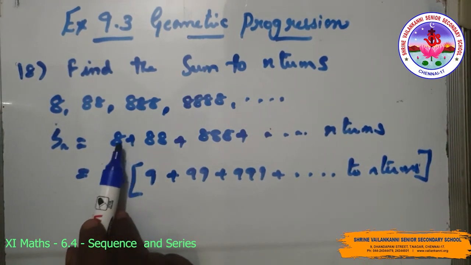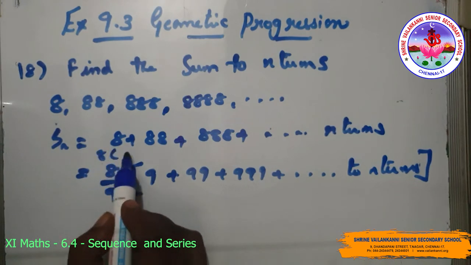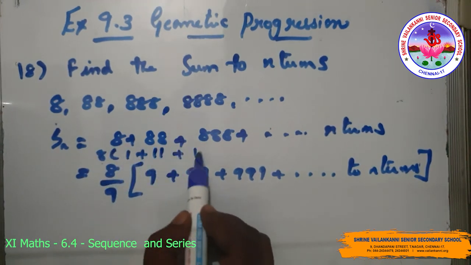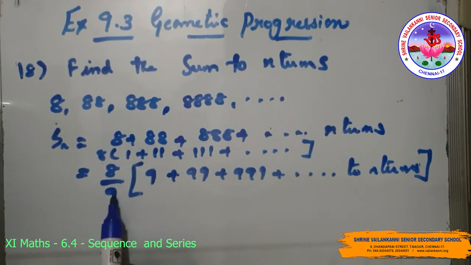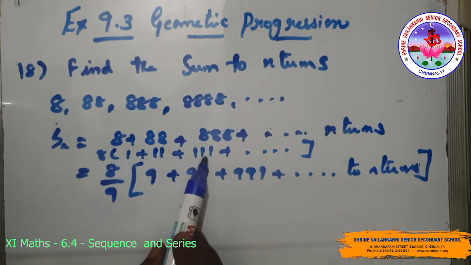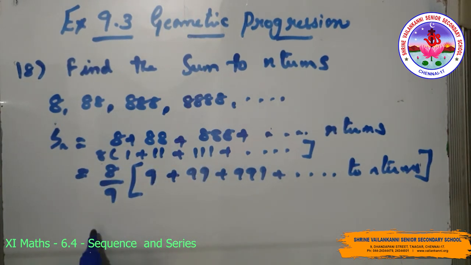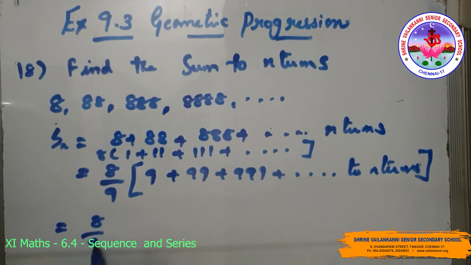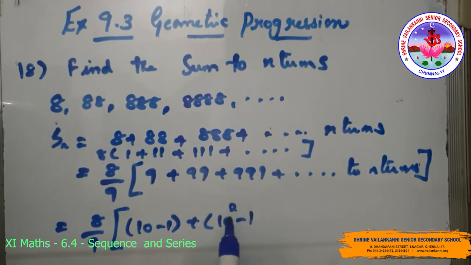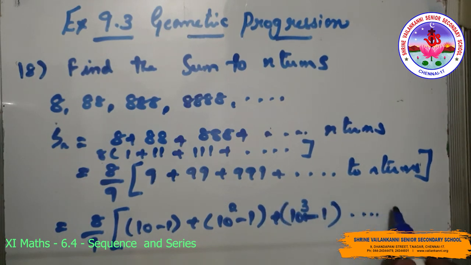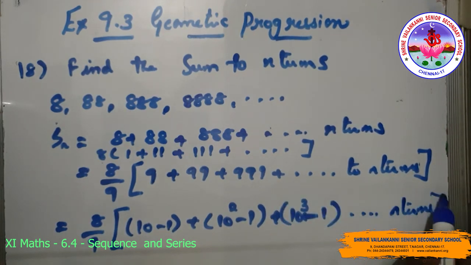So before that, if we take common 8, it will become 1 plus 11 plus 111 etc. The next step, when we multiply and divide by 9, we get 9 plus 99 plus 999 etc. which is equal to 8 by 9. We can write 9 as 10 minus 1, plus 99 is 10 square minus 1, that is 100 minus 1, plus 1000 minus 1, that is 10 cube minus 1 etc. till n terms.